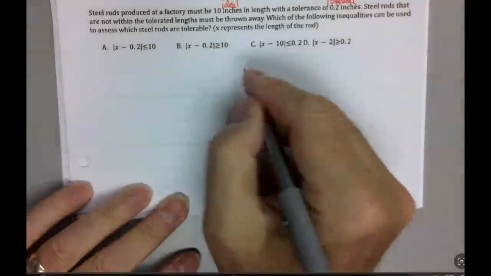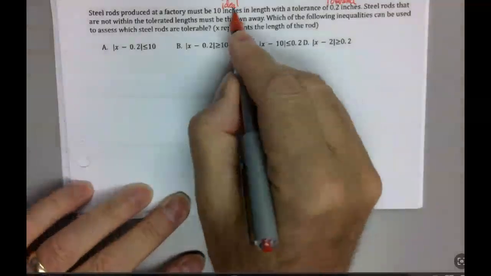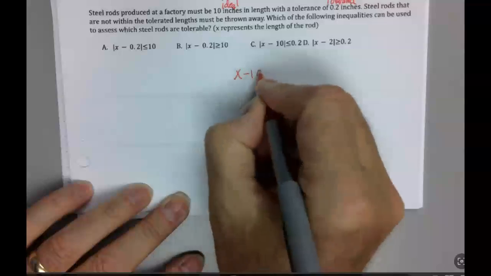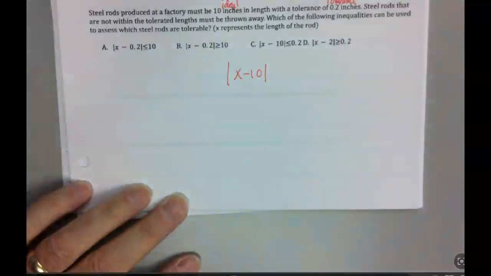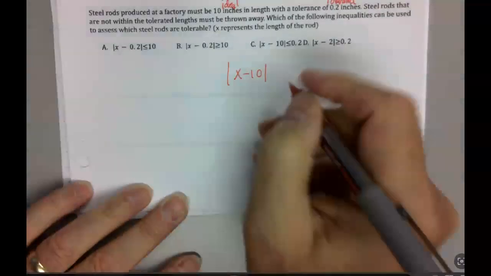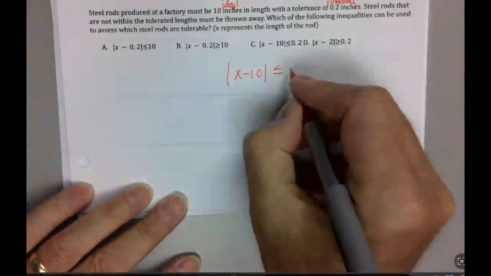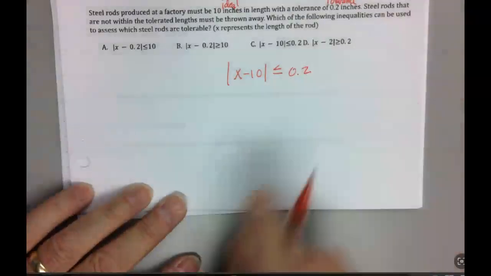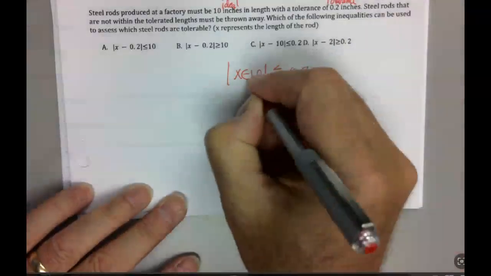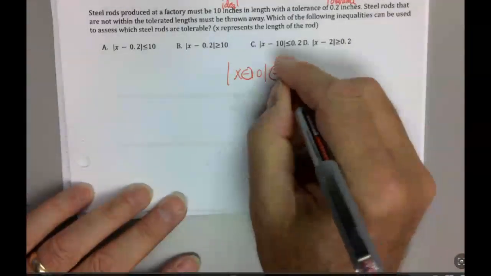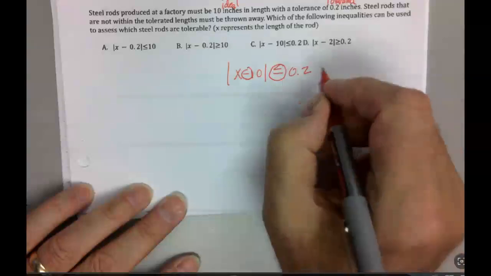So, what's your ideal? So that's going to be the absolute value of x minus 10, correct? And less than or equal to, what's your tolerance? Pardon me? 0.2, correct? There's your equation. This has to be minus. This has to be less than or equal to. So which one is it?